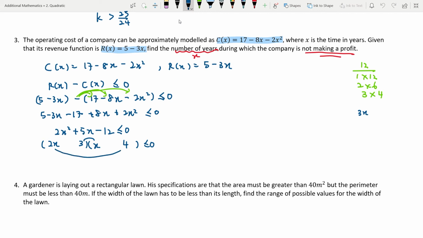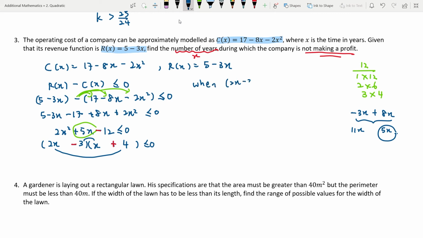For this one, we will get an 8x. 3x and 8x, if we add them, we get 11x. If we subtract them, we get 5x. In order to get a positive 5x, we subtract 3x, add 8x. Minus 3x and add 8x. And lastly, we need to check the signs, we have a negative.